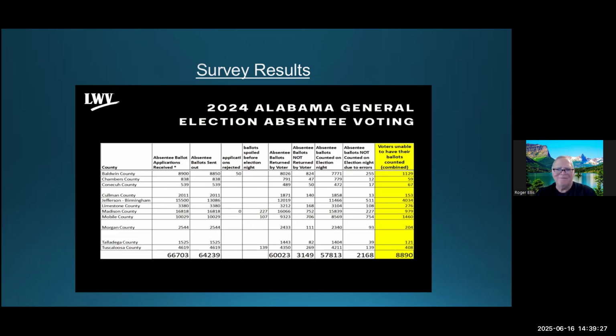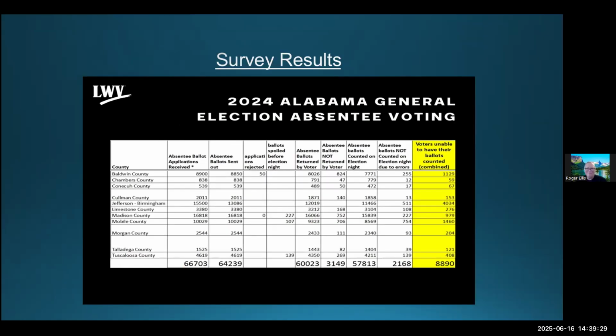Okay. All right. So I wanted to really highlight this data, which was gathered from the circuit clerks, the ones that actually responded. The first column is all the applications that were submitted for these 11 counties, and you'll notice we don't have Bessemer here because we never could get data from Bessemer. When you look at the number of applications that were received, in general, the number of applications and the number sent out matched.